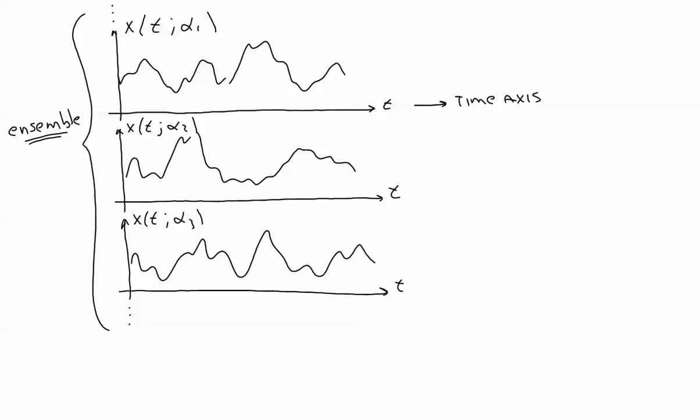The ensemble is stacked up on top of one another. So alpha 1 might represent January 1st, alpha 2 is January 2nd, alpha 3 is January 3rd of some year, and we could have recorded temperature versus time waveforms outside of your home for an arbitrarily large number of years in the past and into the future.